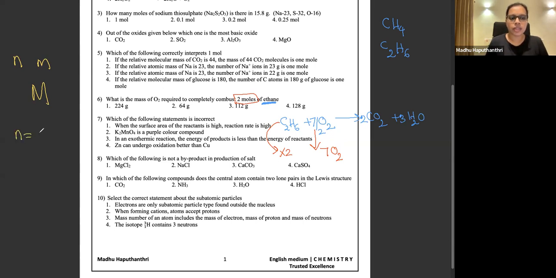The basic equation is like this: m equals n times M. Then n here is 7. Capital M, oxygen's relative atomic mass. I haven't mentioned the relative atomic mass here. It has to be 16. So oxygen gas, that is O2, therefore it is 32 grams per mole. Then it is coming as 7 by 32.